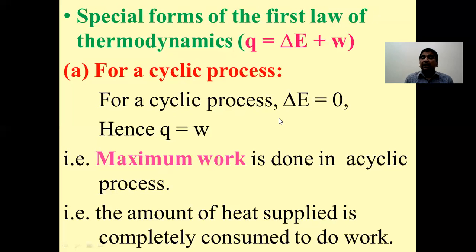And again, it is impossible to construct a self-perpetual machine which can do work without spending energy, and so on. And lastly, we have seen the mathematical formulation of the first law of thermodynamics, that is Q is equal to delta E plus W. That is the mathematical form of the first law of thermodynamics.